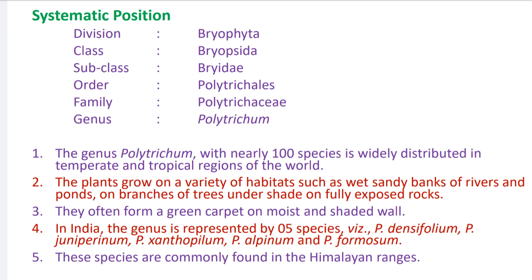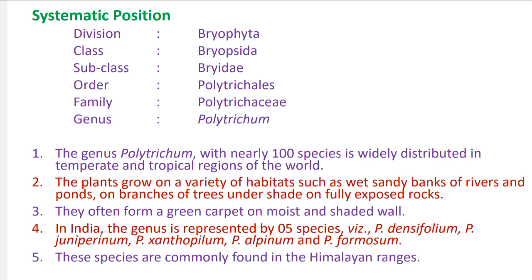Second, the plants grow on a variety of habitats such as wet sandy banks of rivers and ponds, on branches of trees, under shade, and on fully exposed rocks. Point number 2 shows the habitat of Polytrichum.